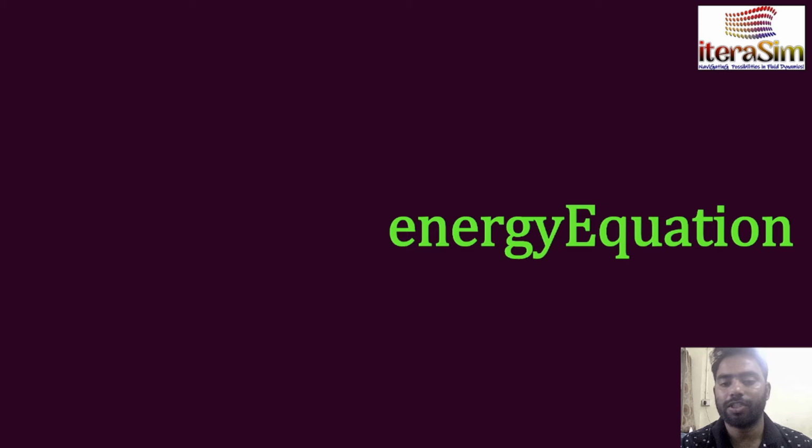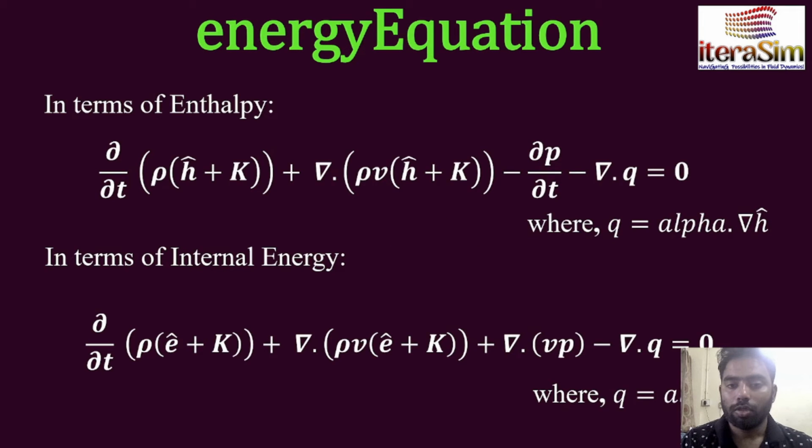So how this energy equation has been coded inside OpenFOAM, those aspects we are going to cover in this tutorial. If you remember, in terms of the enthalpy we derived these equations, and in terms of the internal energy we derived such equations. We started from the total energy and the principle of the conservation law of energy.